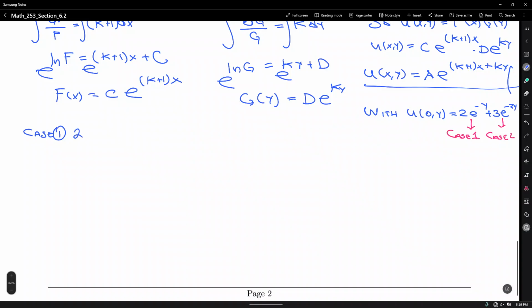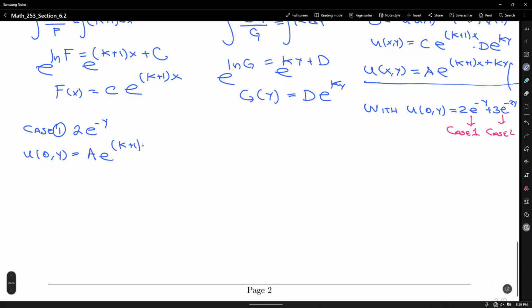Case one is about the first term, 2e to the negative y. So what do we do? u of 0, y equals a e to the (k plus 1) x, but what's x right here? Isn't that 0? Replace the x with a 0, and then plus ky.